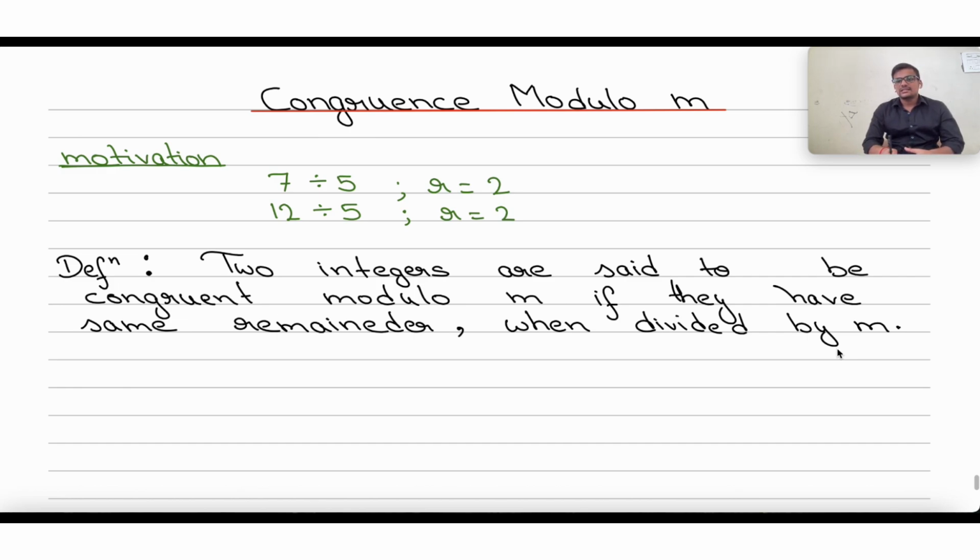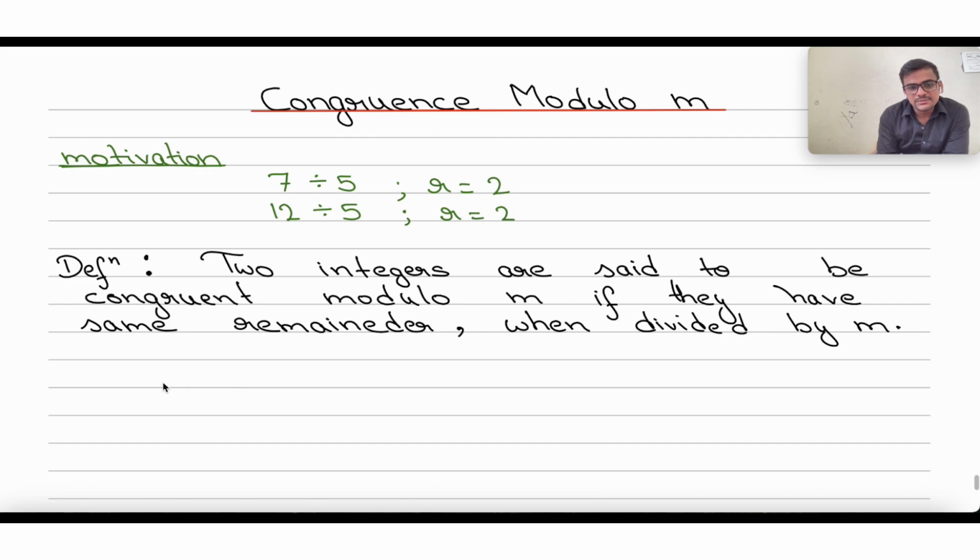Two integers are said to be congruent modulo M if they have the same remainder when divided by M. Here 7 and 12 are two integers and 5 is a natural number. When we divide 7 and 12 by 5, they give the same remainder 2. So I will say that 7 and 12 are congruent modulo 5.